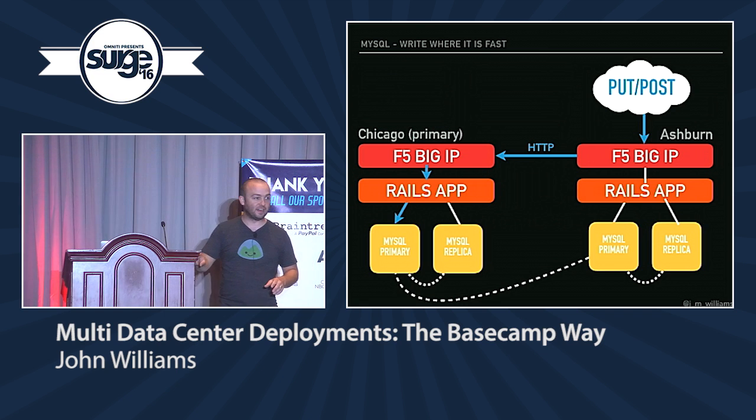So it's all done via an iRule. Basically, when the request comes in, if it's a PUT or POST and it's in the secondary data center, or what's the secondary data center at that point in time, then we say, okay, you need to get shipped over to the other data center. The actual switching part of that is all done via a health check in the app.